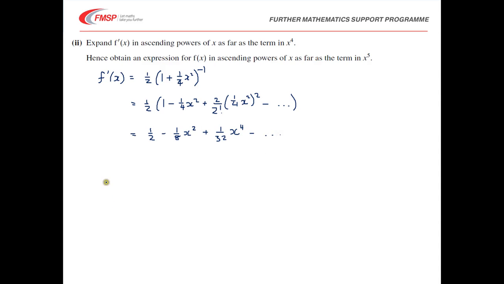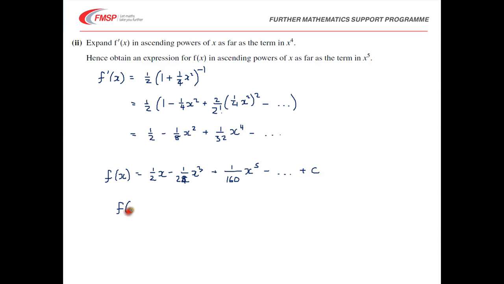So to obtain an expression for f, I simply need to integrate that, which gives me a half x minus 1/8 x squared, 1/24 x cubed, plus 1/160th x to the 5 minus dot dot dot, and don't forget your constant on the end.